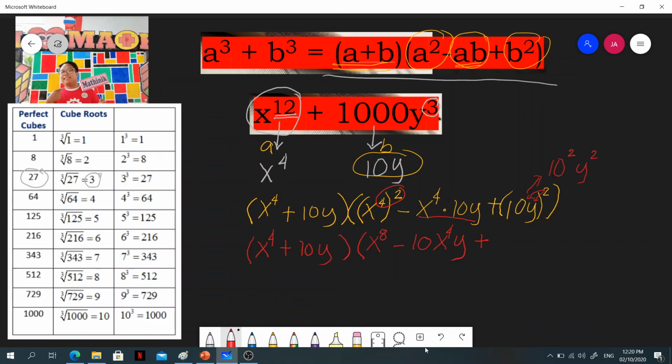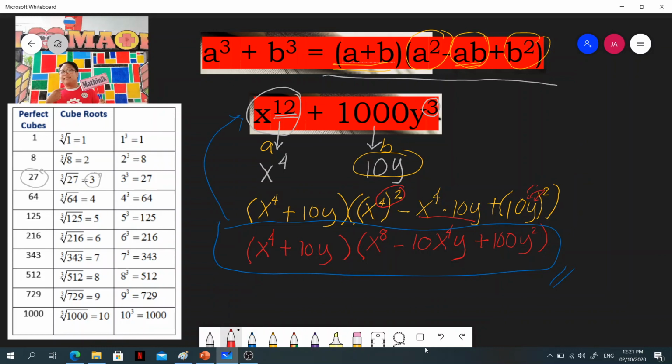Okay? So, ano yung 10 squared? That is 100. Tapos, ano yung y squared? Copy. Ayan. So, meron na tayong sagot. So, this is your final answer. Ito yung factored form nito.